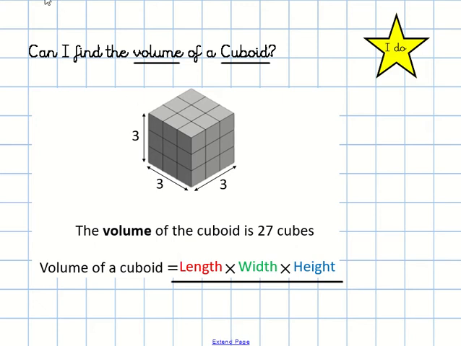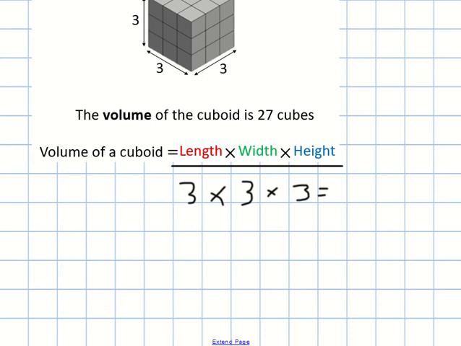So I know that my length is 3. I know my width is 3. And I know my height is 3. So I'm going to do 3 times 3 times 3. And to work that out, I know that 3 times 3 is going to equal 9, isn't it?